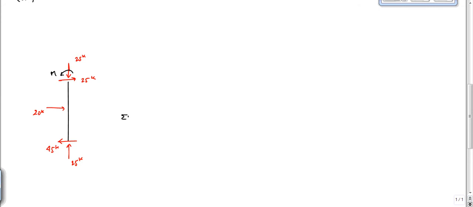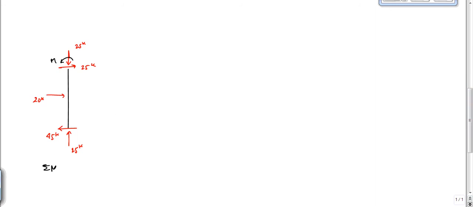I would say the sum of the moments about the cut right there is equal to 0. Let me do this down here, make sure I have enough space. So I'm going to calculate that real fast. I'll have M plus 20 kips times, I believe this distance was 10 feet, and this was also 10 feet.